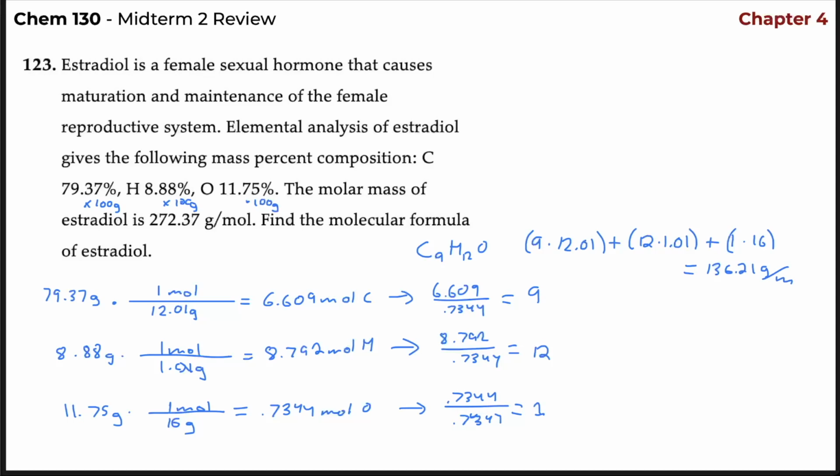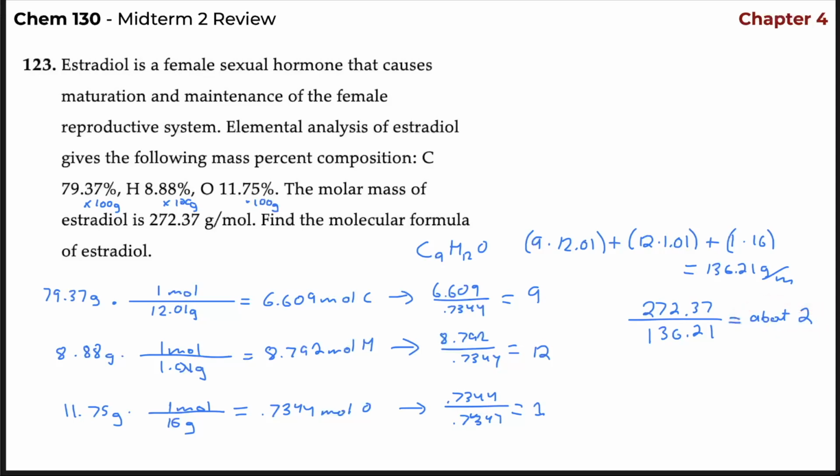So the thing is, we know that this one has this many grams per mole, but the one we're trying to get to is this many grams per mole. So what are we going to do? We are going to divide it. So let's do some math: 272.37 over 136.21. This is going to be about 2. I don't know the exact numbers, but it's about 2.